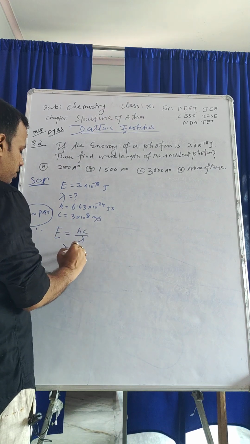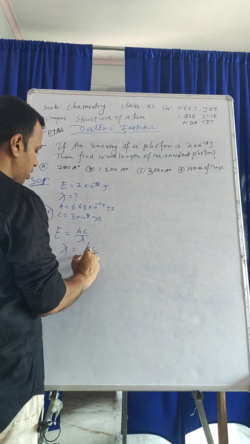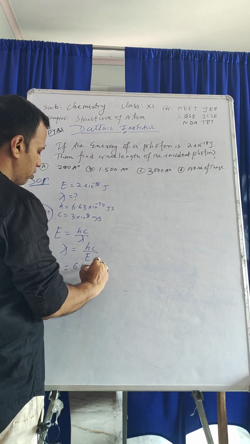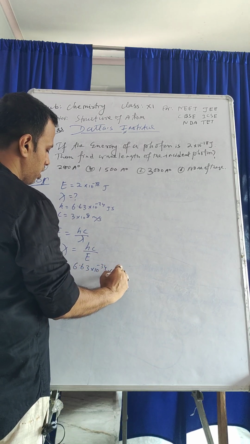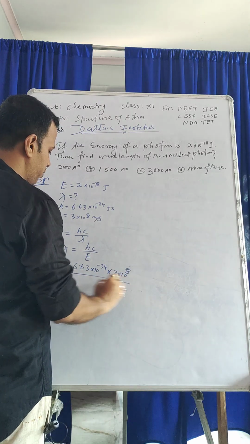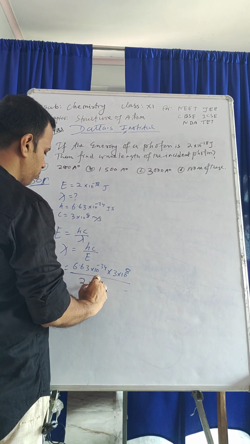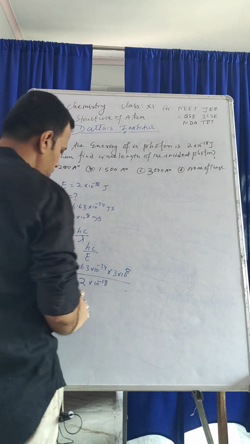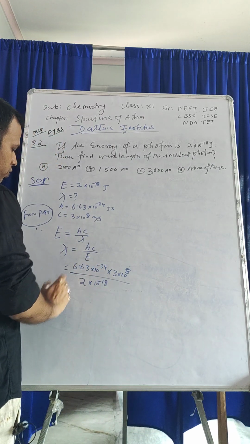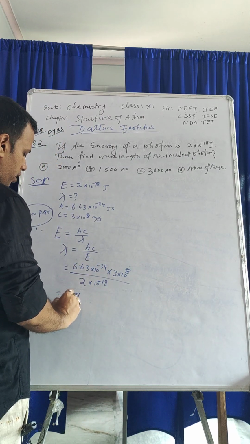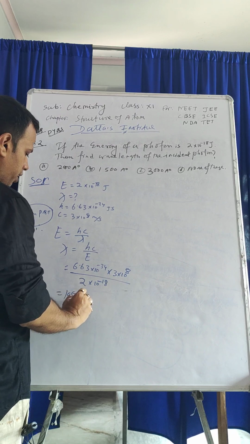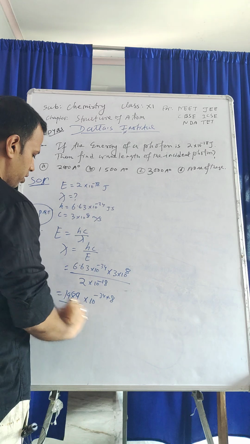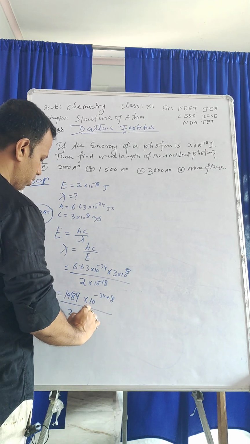So from that, lambda is equal to what, sir? hc by energy. So h is 6.63 into 10 to the power minus 34, c is 3 into 10 to the power 8, and divided by energy, 2 into 10 to the power minus 18. Now, if you multiply this by this, it will be 19.89, and here 10 to the minus 34 plus 8, divided by 2 into 10 to the power minus 18.